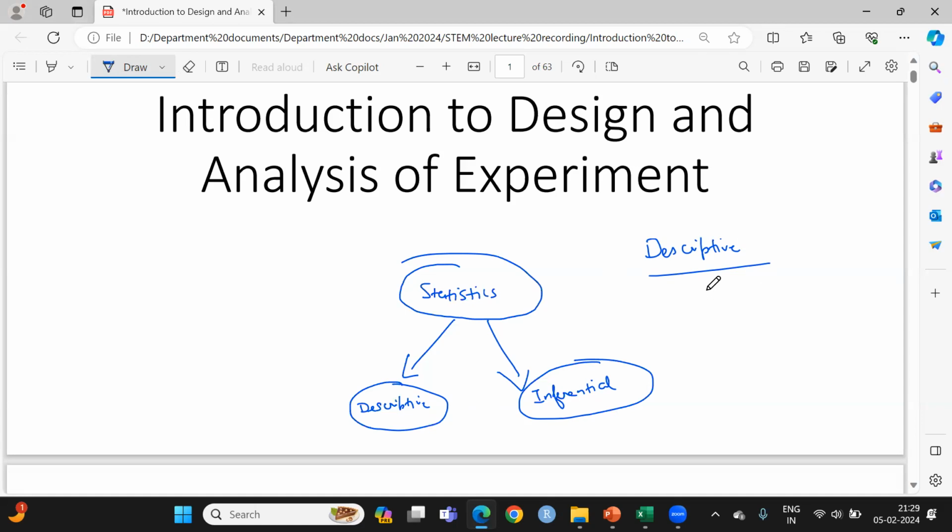So when any small dataset is given to you, it may be possible that that dataset will be related to some subpart of the population. So here population means that corresponding to a particular objective. So we are only considering some observations of the population.